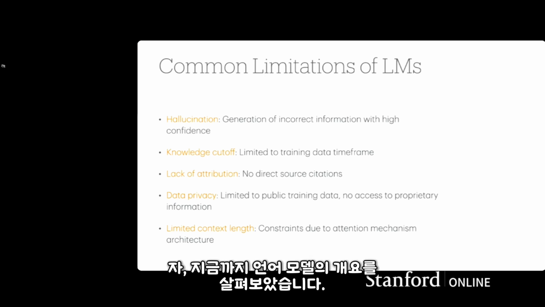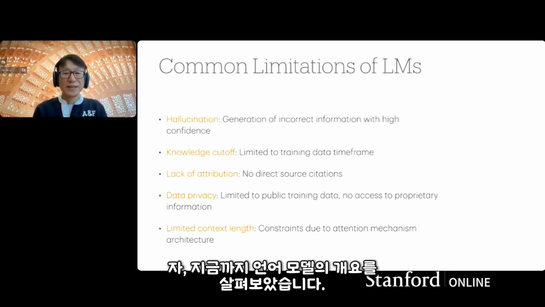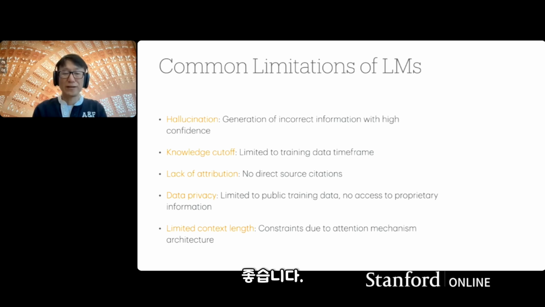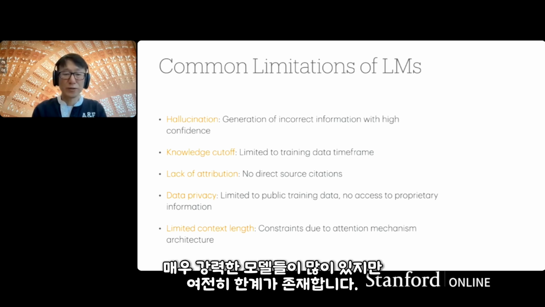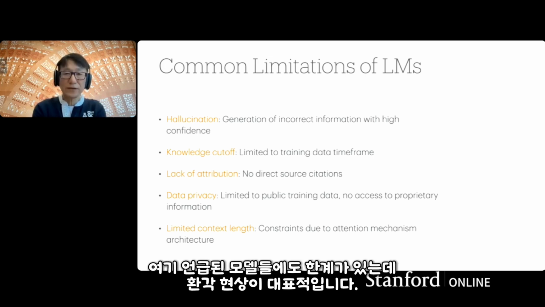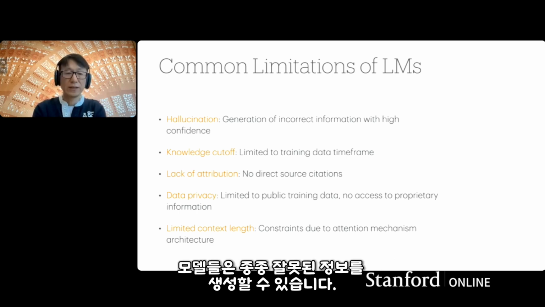All right, so far we've looked at an overview of language models, great, very powerful models that are out there, many models out there, and how we use them. However, there are still limitations for the models that are available, listed here.